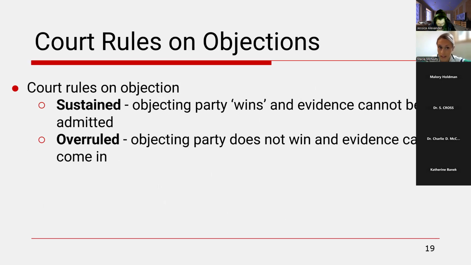So the court will either say sustained, and that means if you stood up and you objected, you win, and the evidence is not coming in. Or the judge will say overruled, and that means the objecting party didn't win, and they're going to proceed and let the evidence in, or proceed with their line of questioning, whatever it is. So sustained, overruled.